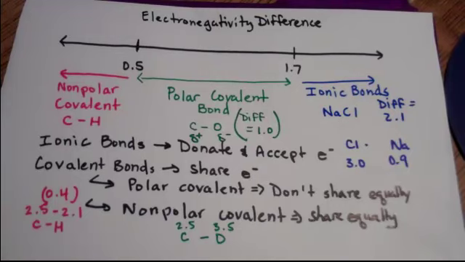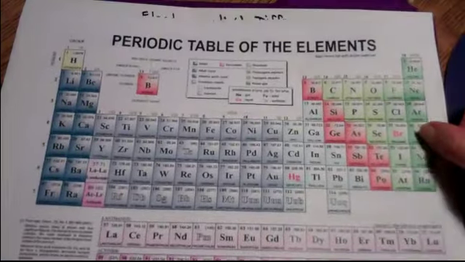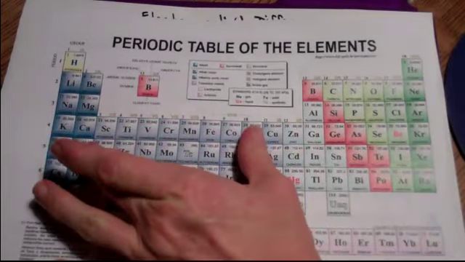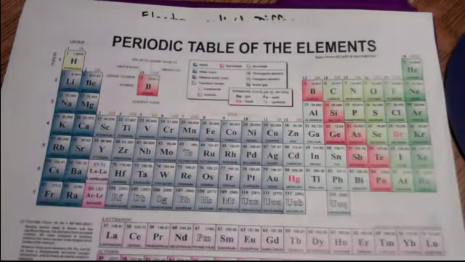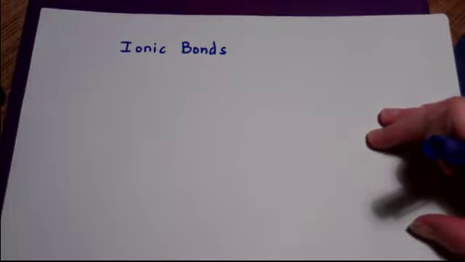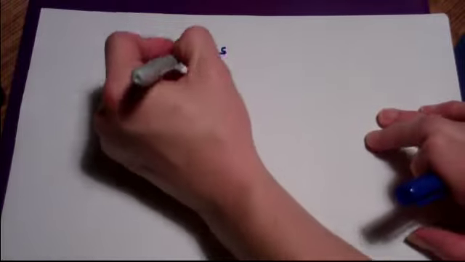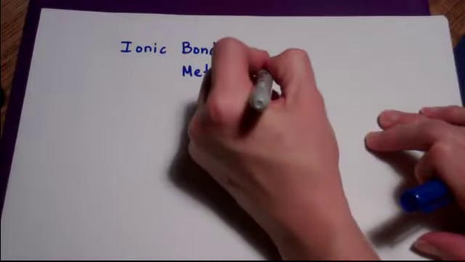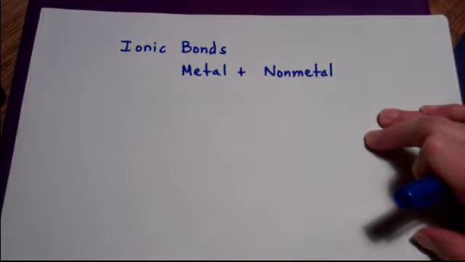Another easy way to recognize when you've got an ionic versus a covalent bond is to just look at the periodic table of the elements. So when you're looking at the periodic table, if you have a metal plus a nonmetal, this is going to be very indicative of having an ionic bond. So when we have ionic bonds, they are usually a metal plus a nonmetal that form the ionic bonds.